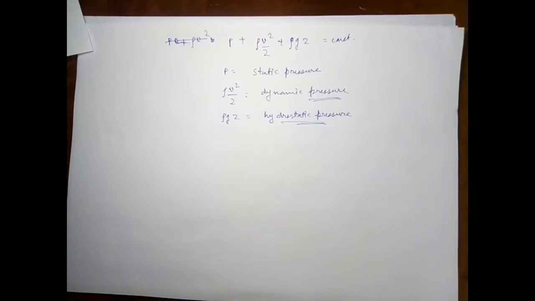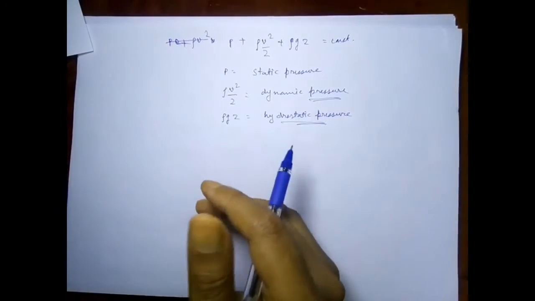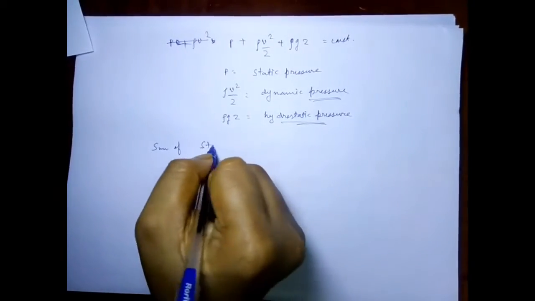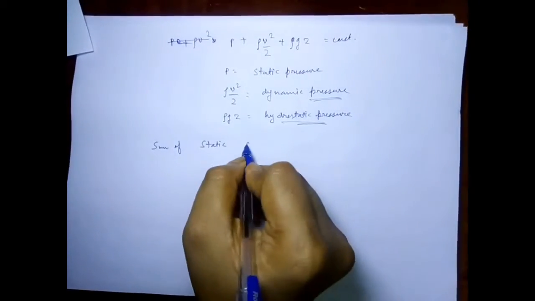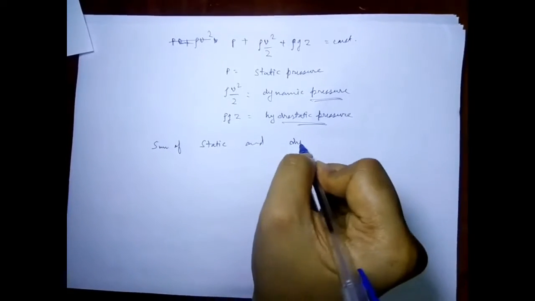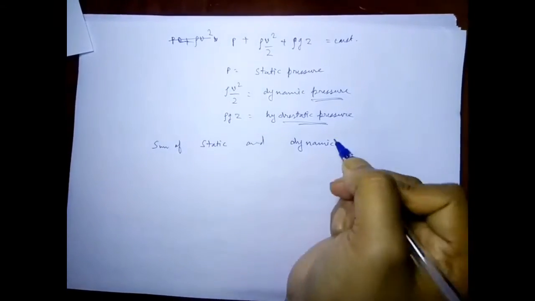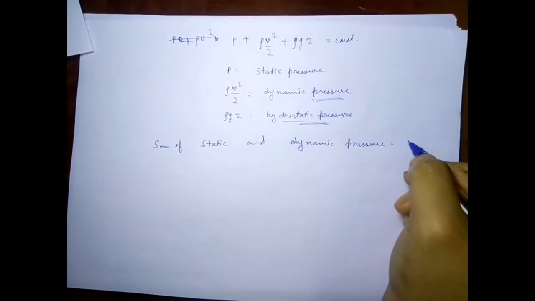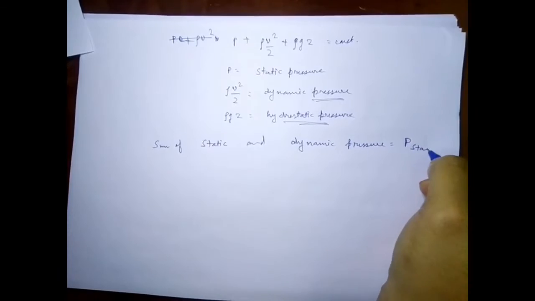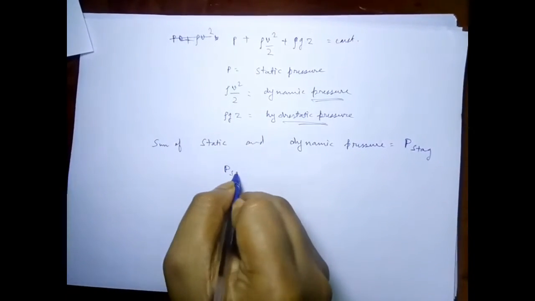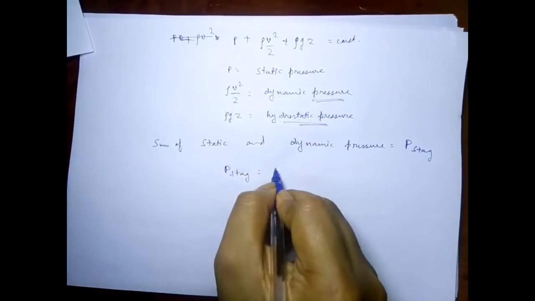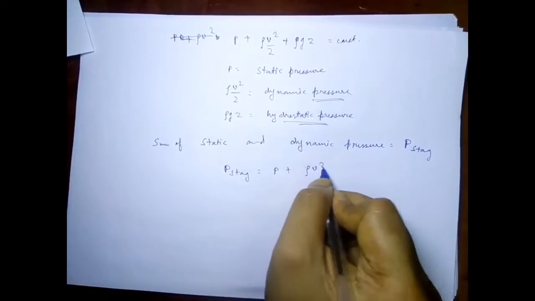So I can write the sum of static and dynamic pressure as the stagnation pressure. Therefore P stag is equal to P plus rho V square upon 2.